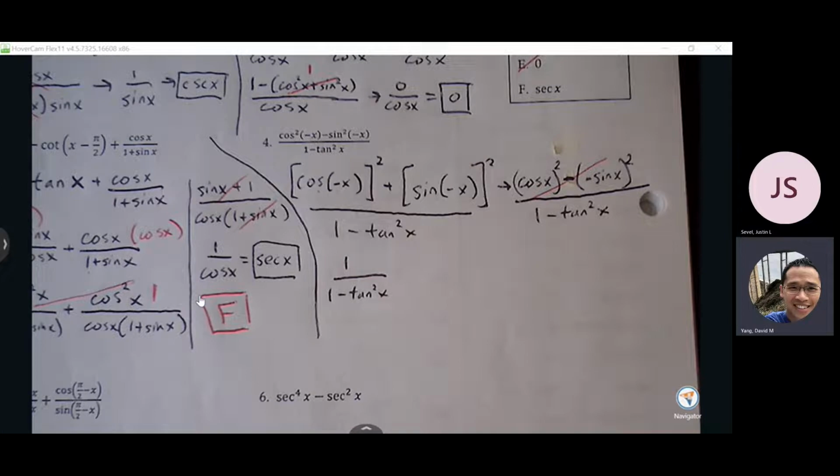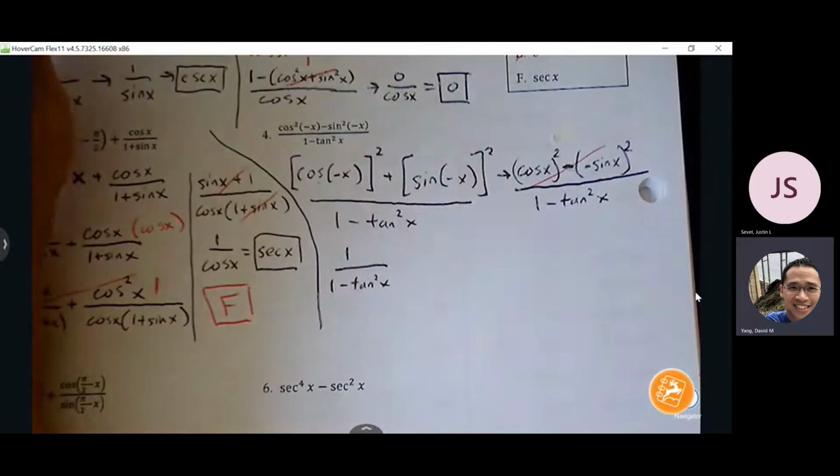Then we need to get everything in terms of sine and cosine. Let's see here. Cosine squared.